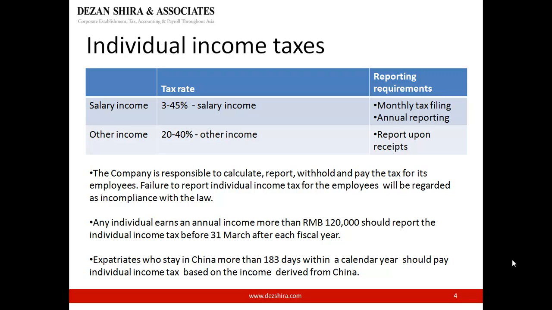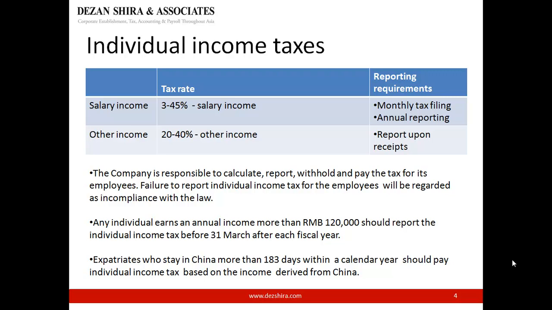So here is an example. A company signed an agreement with the employees, saying, okay, I pay you the salary and you are aware that this salary is a gross salary without tax, so you, the staff, are responsible to report tax on your own.